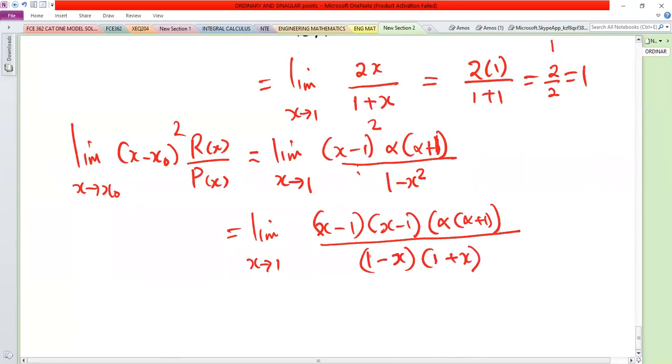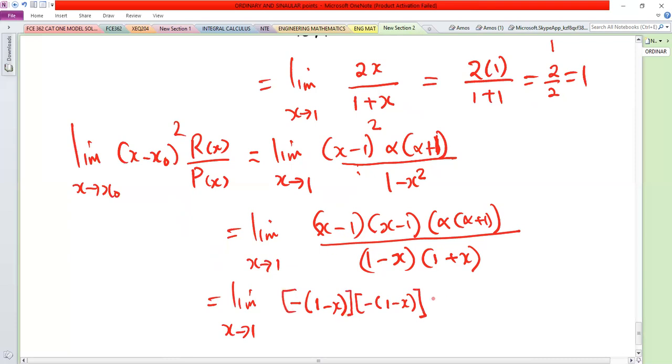Actually, this can be written as, I can factor out a negative here. So I have the limit as x approaches 1 of negative (1 minus x), and also negative (1 minus x) here. So there's nothing I've changed.